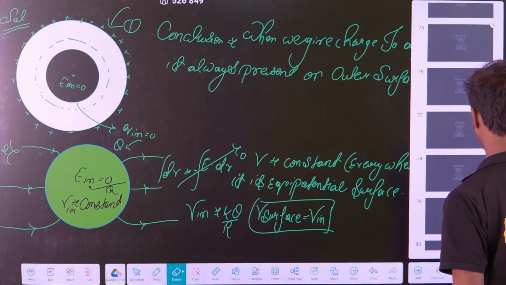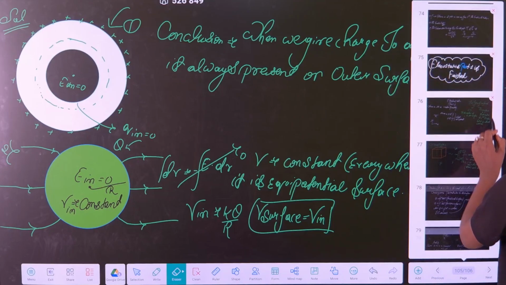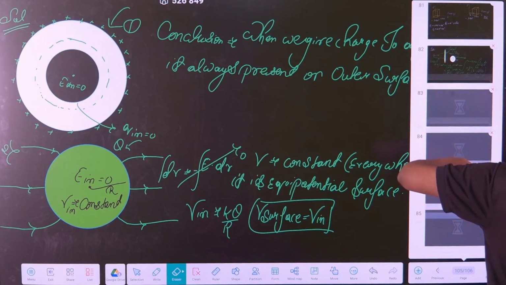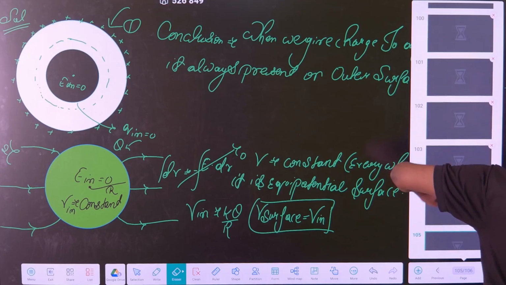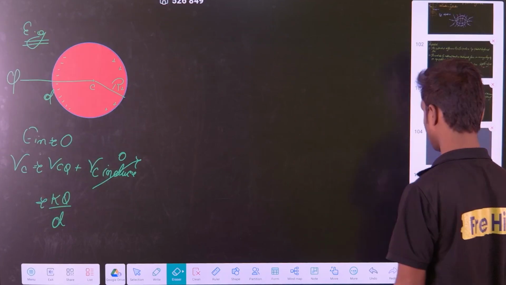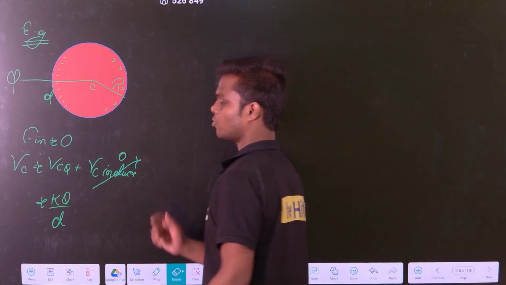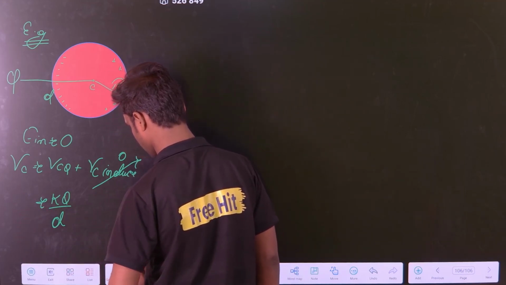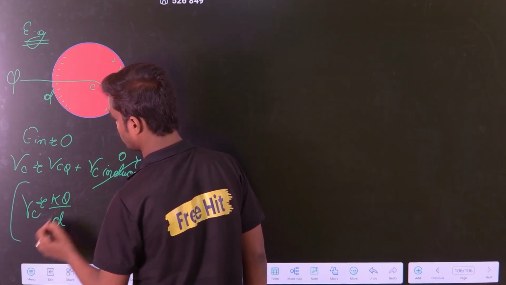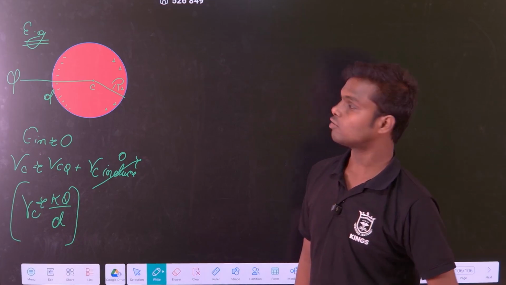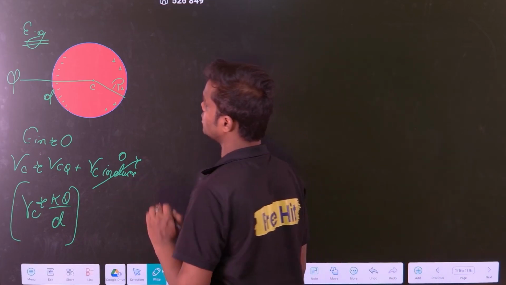There it is correct. Yes. Sorry. So our potential at C will be this much. I hope it is clear now for you. Correct? Any doubt? So let me add one more thing here.